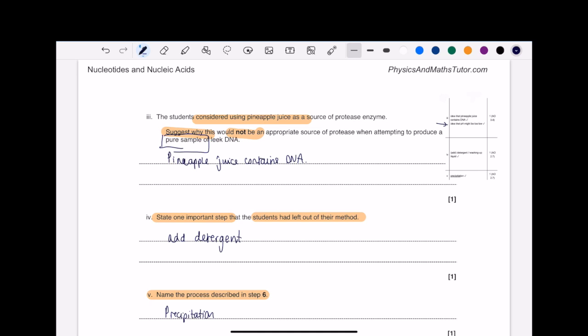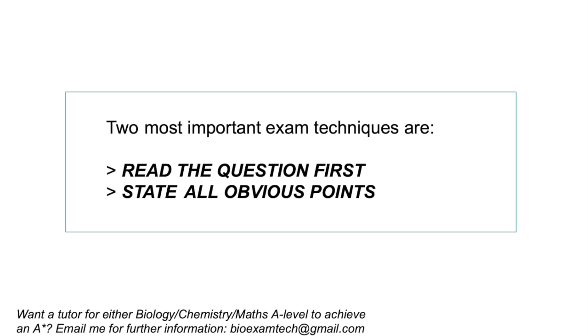I don't know if I would have said that, but this is just a very, very safe answer. That is how you answer these questions. Now remember the two most important exam techniques are read the question first and state all the obvious points. So now it's your go. Try some questions and let me know how it goes.